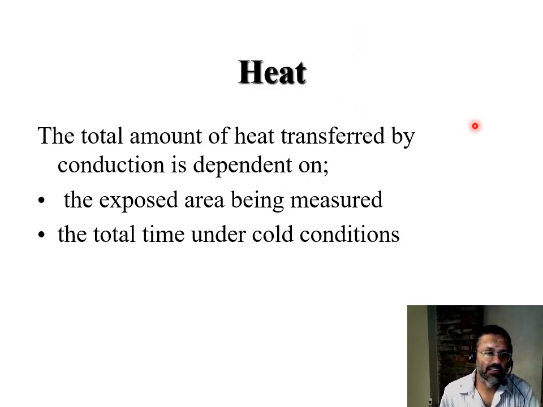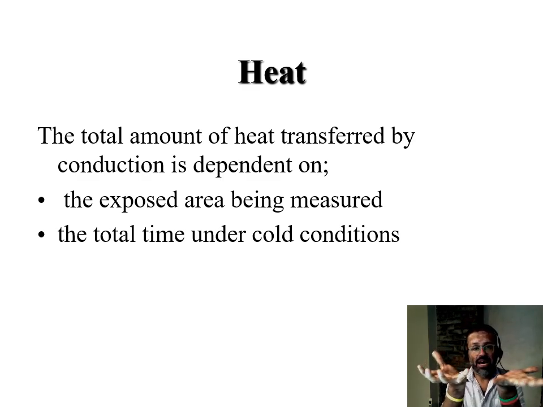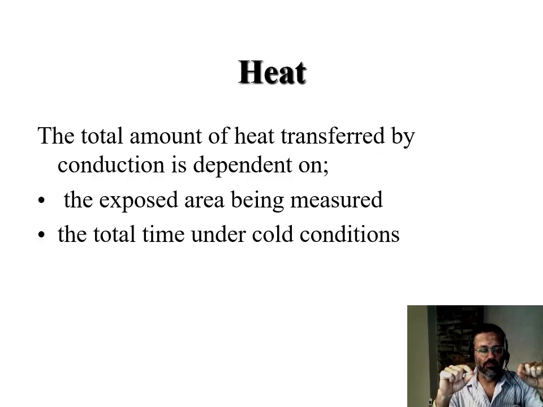To understand how the total heat transferred by conduction depends on the exposed area and the total time under cold conditions, let's go back out camping and take a look at the pan. If you have two pans, one smaller and one significantly wider, both the same thickness and both with the same number of grams of water, the larger pan is going to get colder faster.